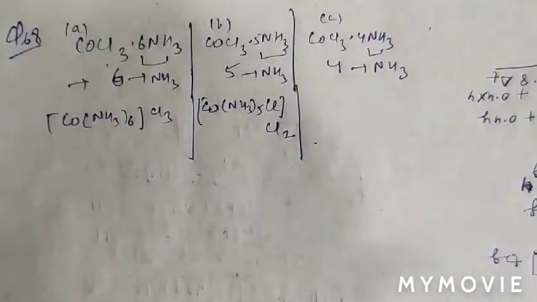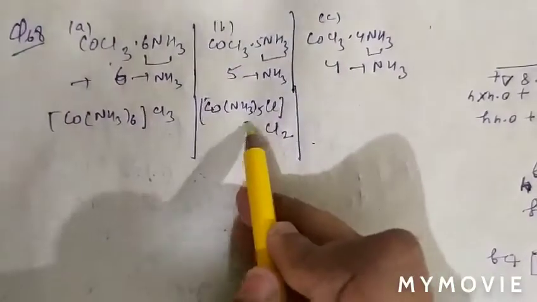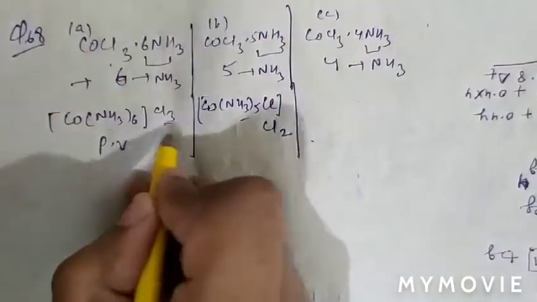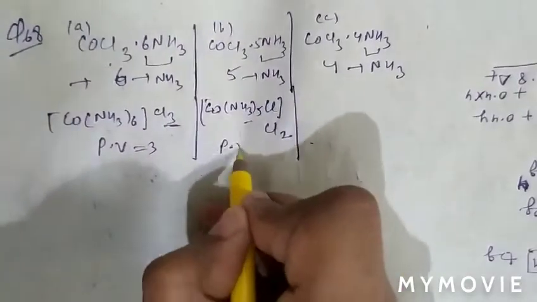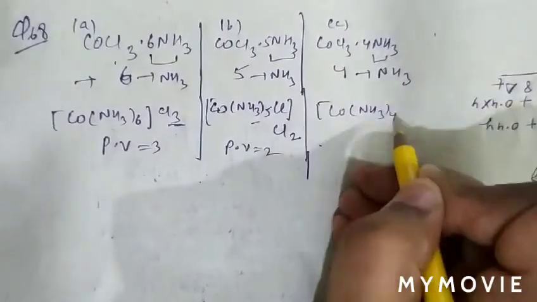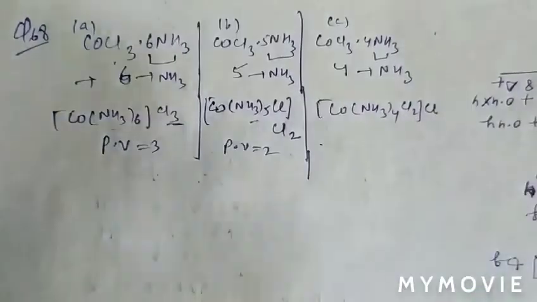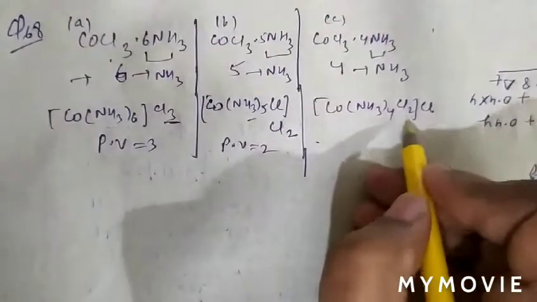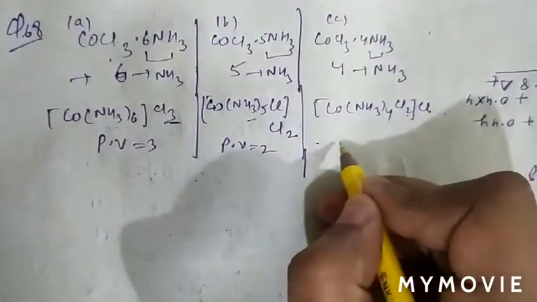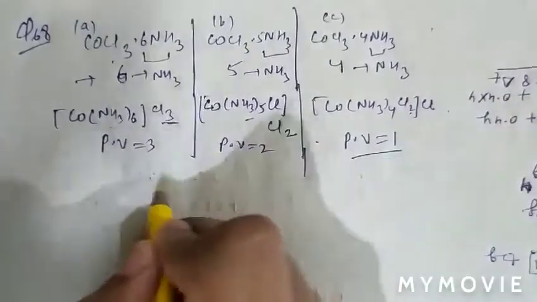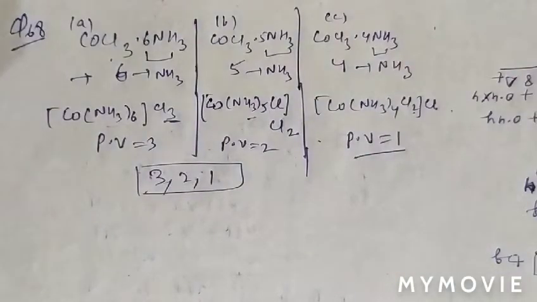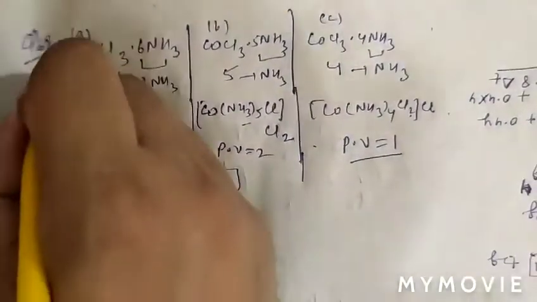So the primary valency in the first case is 3, and in this case primary valency will be 2. Now when only 4 are there, it means 2 Cl will be inside and 1 Cl will be outside. So in this case the primary valency will be equal to 1, so the answer will be 3, 2, 1. So question number 68, option B is correct.